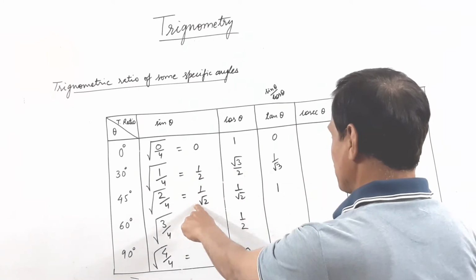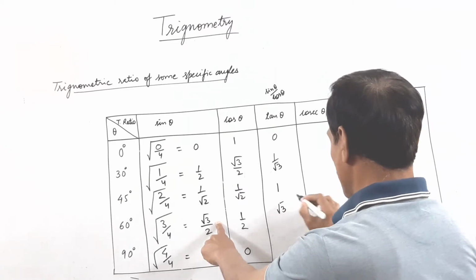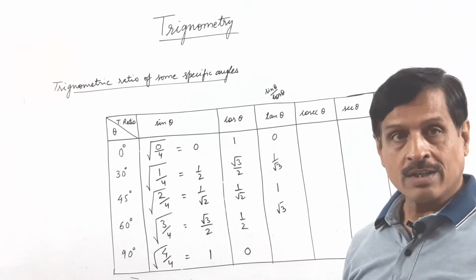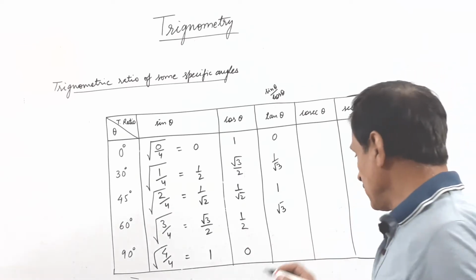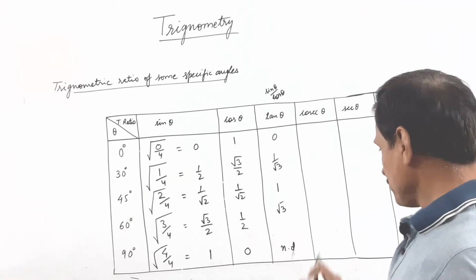This becomes 1. This upon this we get root 3 and 1 upon 0, that is not defined, because if in the denominator we get 0, the value becomes infinite or not defined.